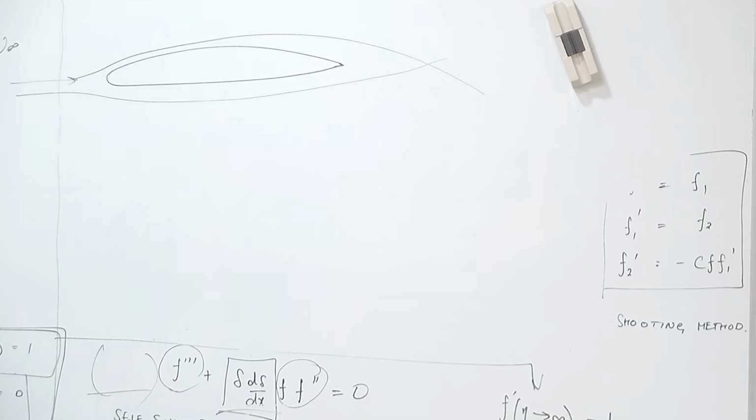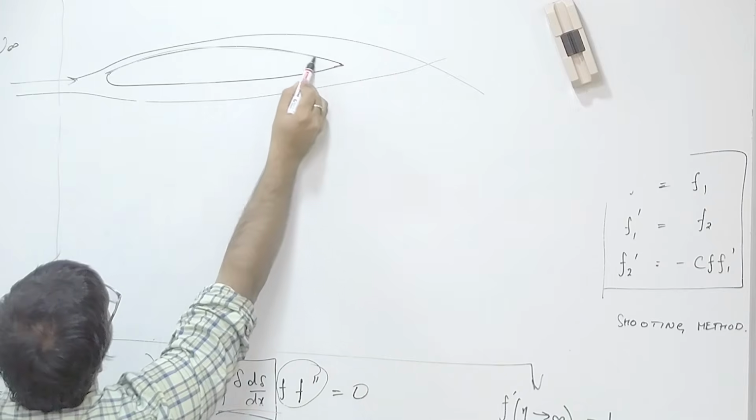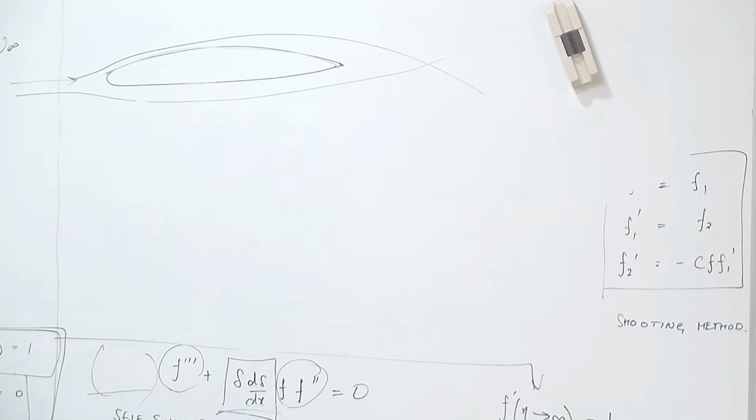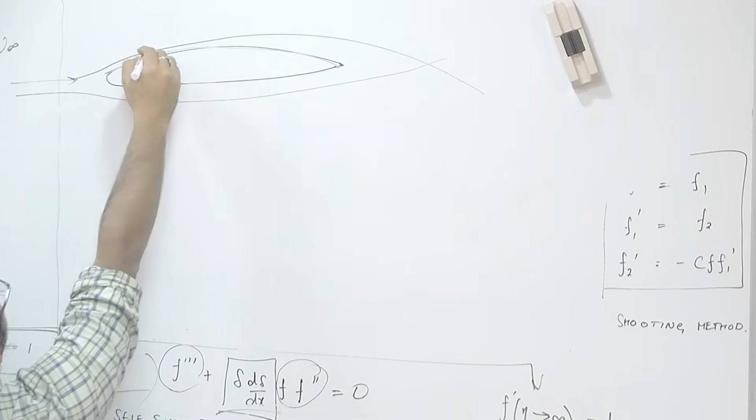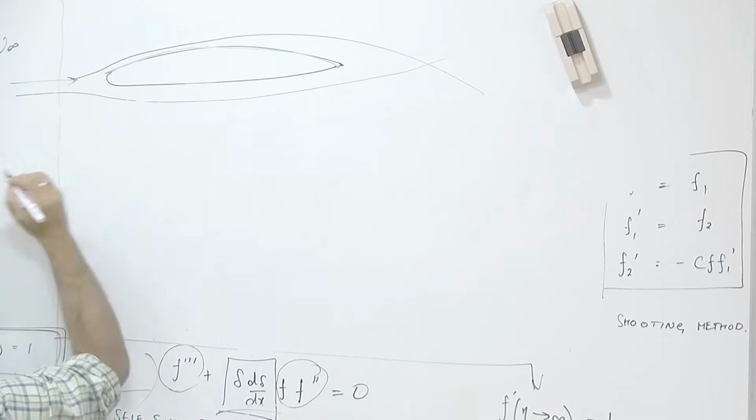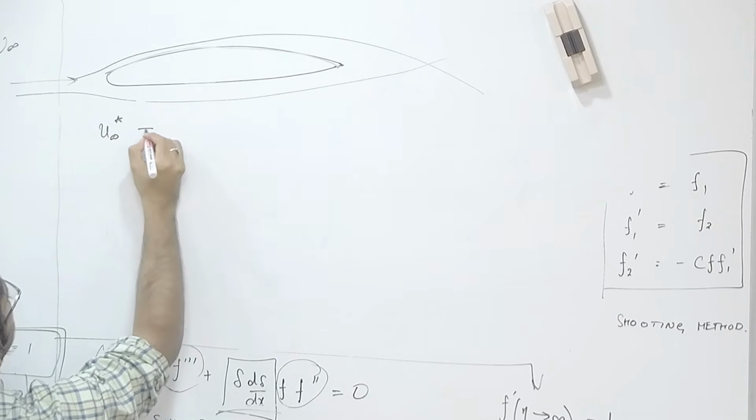So, the idea is when your flow is going over these curved surfaces, your u infinity, or basically this u infinity star, is not constant.